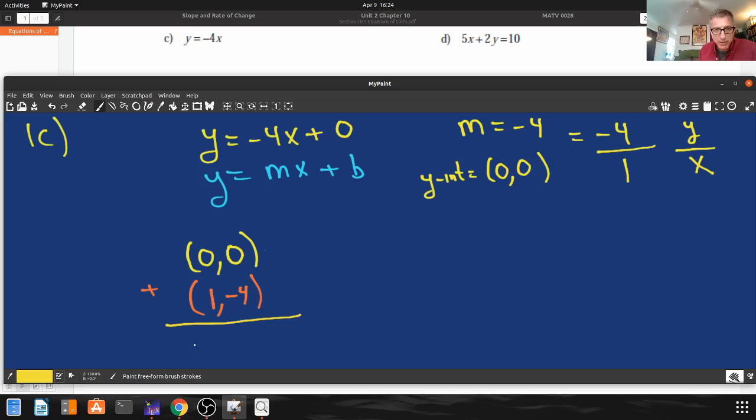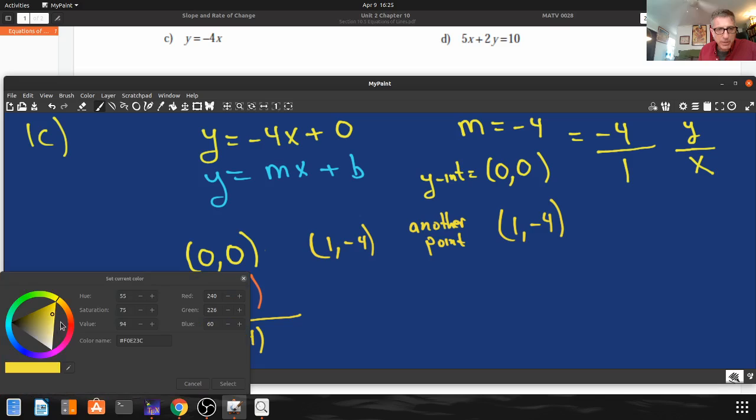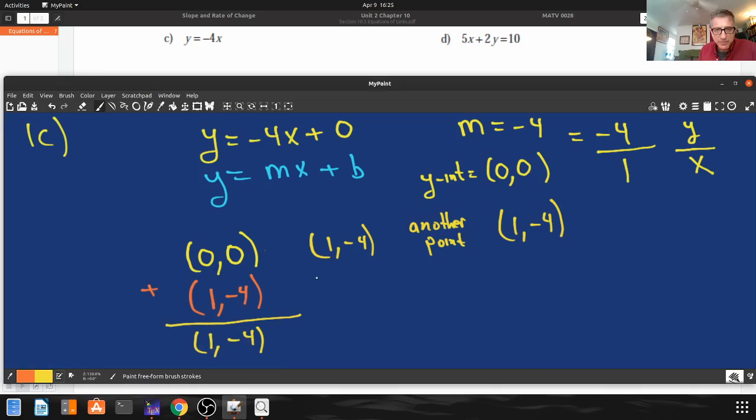So 0 plus 1 is 1. 0 plus minus 4 is minus 4. So it turns out another point is (1, -4). It was that rare occasion where the adder point is actually a point on our line. Well, let's find yet another point. So (1, -4), the adder point is always the same.